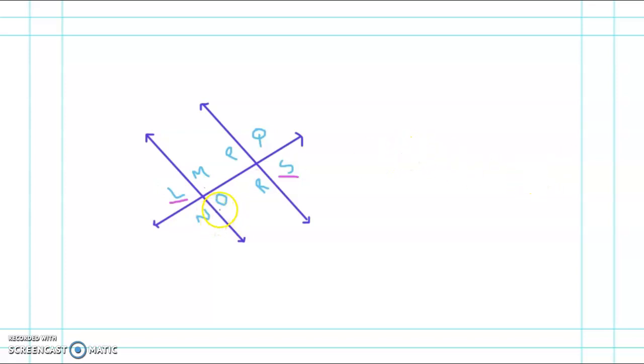Angle O and angle P are examples of alternate interior angles. An example of vertical angles can be angle M and angle N because they are vertical to each other. And an example of corresponding angles can be angle L and angle Q.